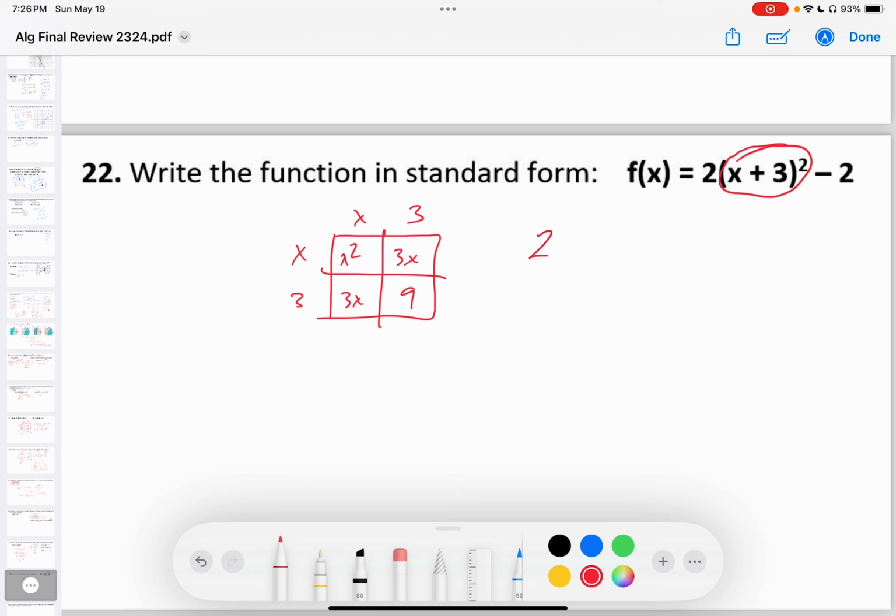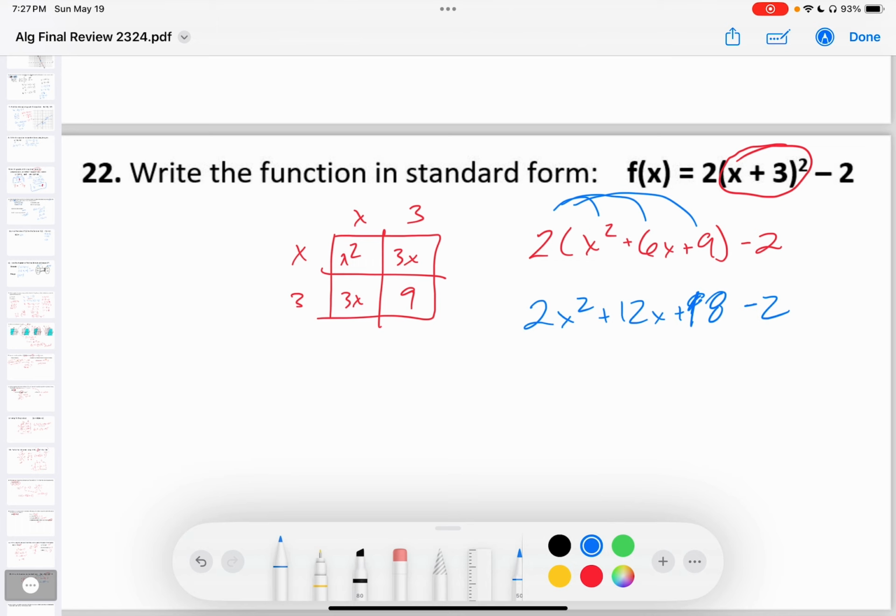That is x squared plus 6x plus 9, and then minus 2. Then we'll distribute the 2 through that trinomial to give us 2x squared plus 12x plus 18, and then minus 2 on the back side. And then we can combine that to give us 2x squared plus 12x plus 16.